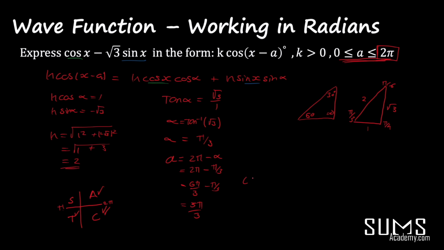This is cos x minus root 3 sine x equal to 2 cos of x minus 5 pi over 3. Okay, and that's your final expression there.